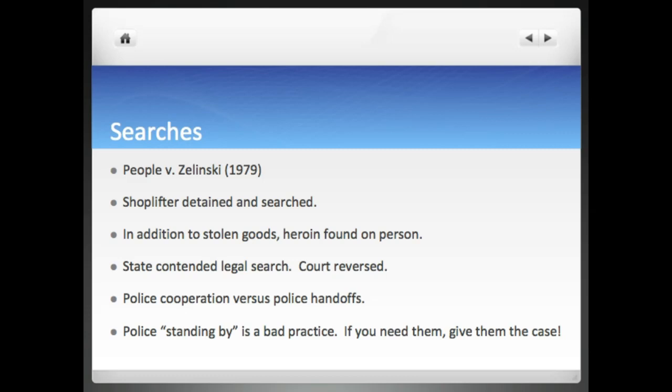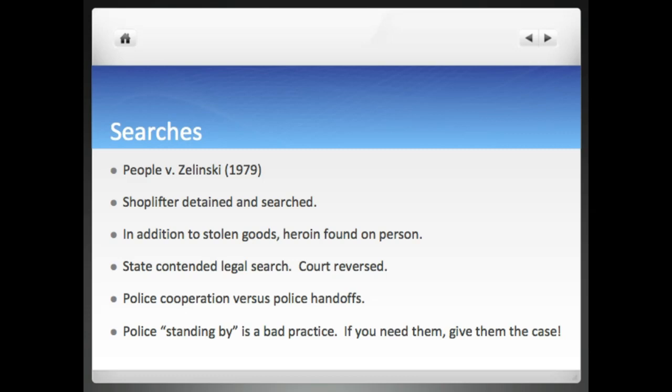And the state said this is a legal search because private security did the search. But indeed, they turned it over to the police, and because it was a criminal matter, the court reversed it and said, no, this became a criminal investigation at some point, and searching for heroin was not part of what was asked for.